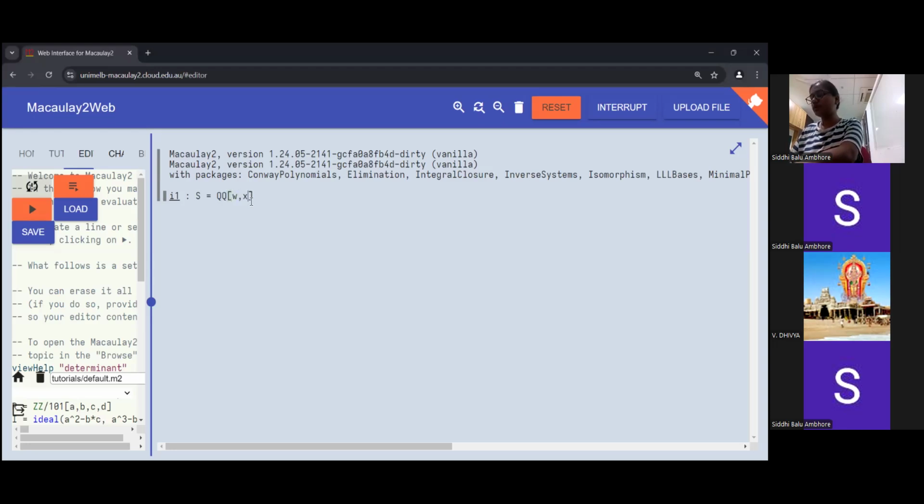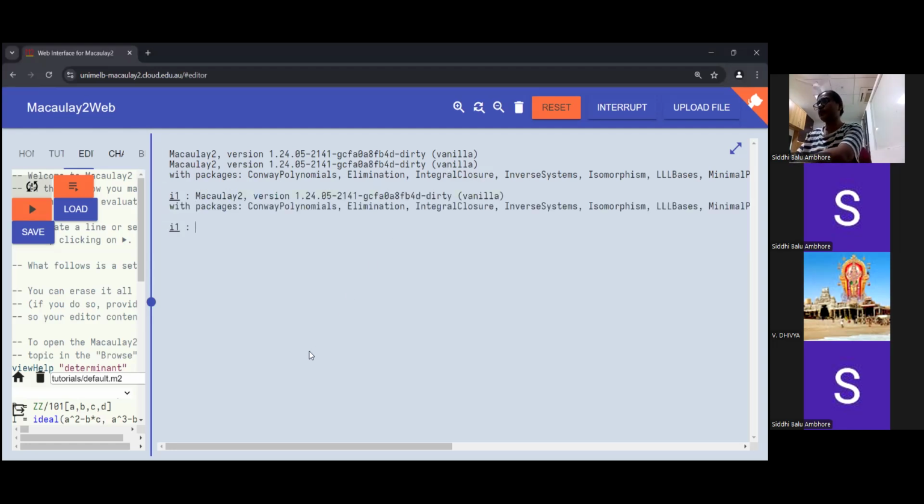S is the polynomial ring in four variables W, X, Y, Z with monomial order graded lexicographic order.